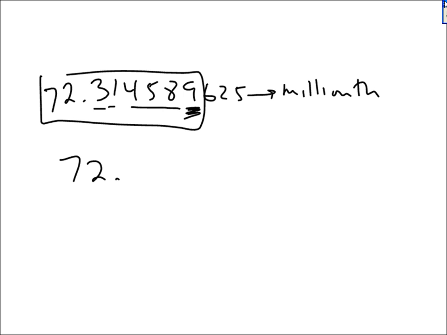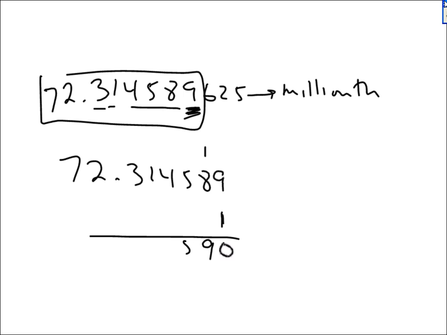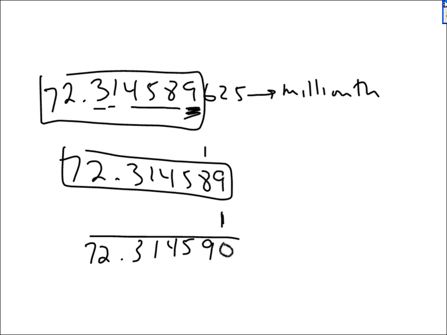Either 72.314589 will be your answer, or you add 1 to that position, you get 10, carry the 1, and it's 72.314590. One of these two numbers will be your answer.